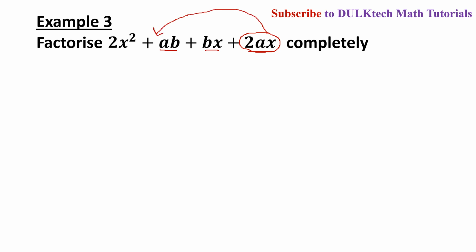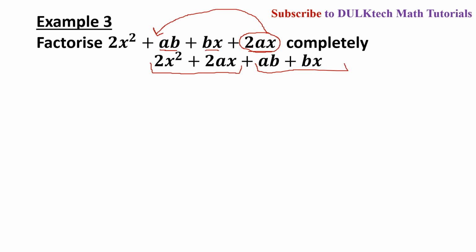In this case, we are going to collect this term and take it close. Write it here, put it here, then we factorize, right? So let's rearrange like this. After rearranging like this, we can now group these two. The highest common factor on the first two is 2x. So if we take out 2x, we remain with x plus a in the brackets. At the same time, the highest common factor on the last two is b.